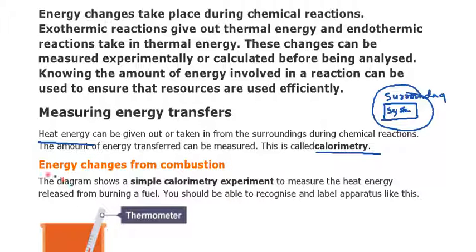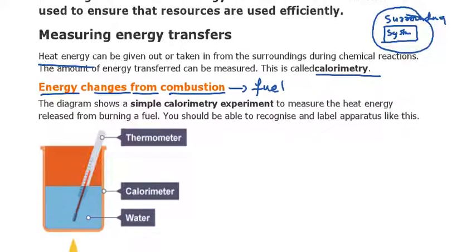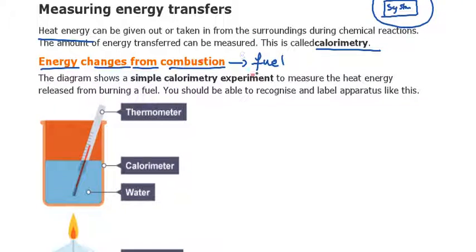For example, consider the energy changes from a combustion reaction. A combustion reaction, as we know, means burning a fuel in the presence of oxygen. To measure how much heat energy is transferred, you simply take one fuel.